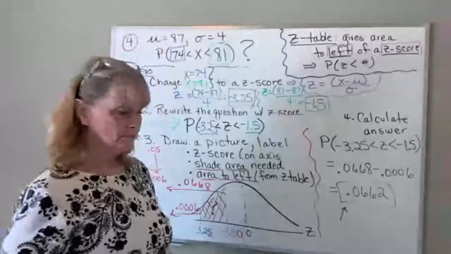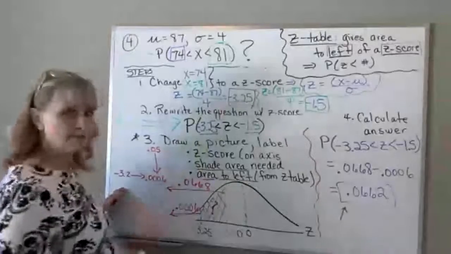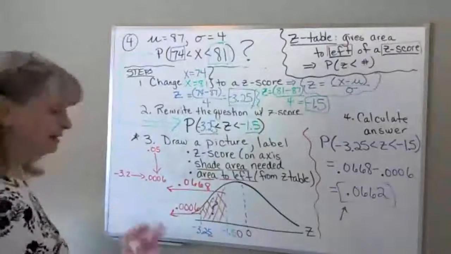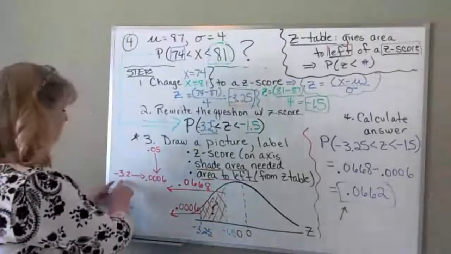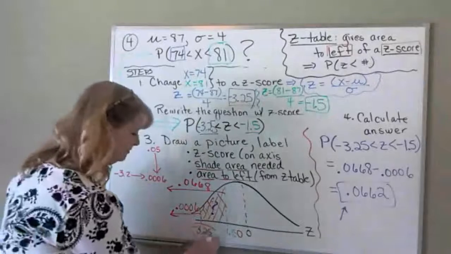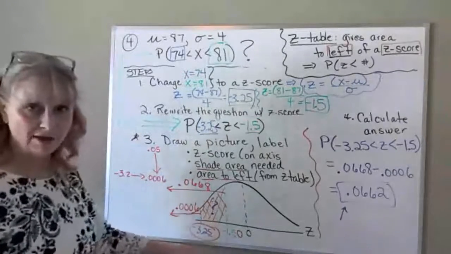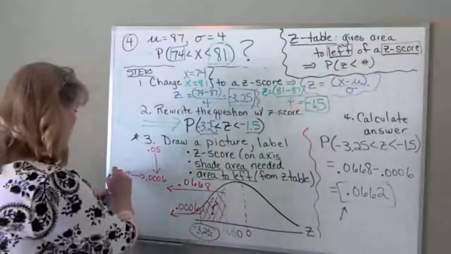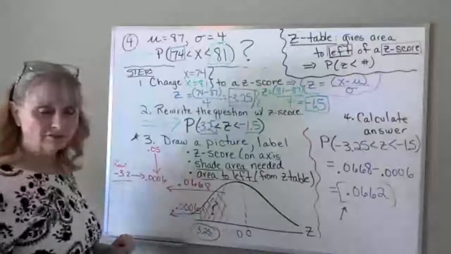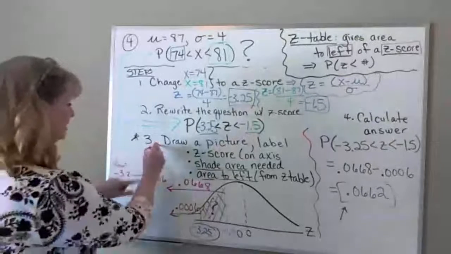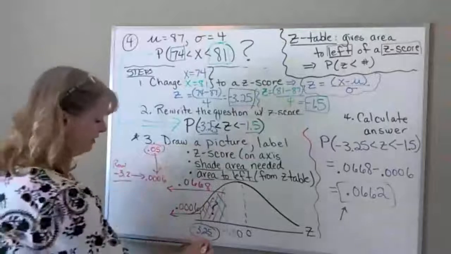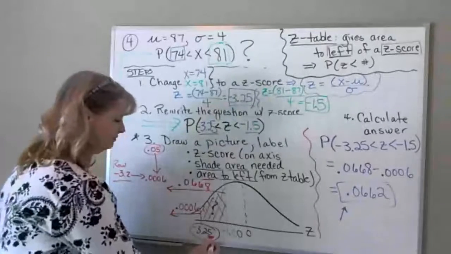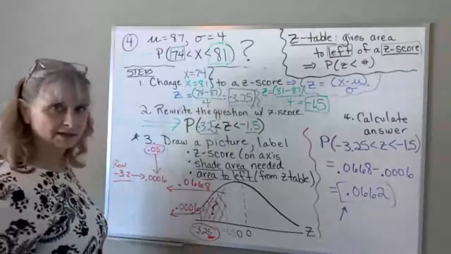Yeah, okay, let me look. So everybody look up here for a second. When I'm trying to look up negative 3.25, I look up this row, negative 3.2, and I look up the column for 0.05 because there's a 5 in the hundredths place.